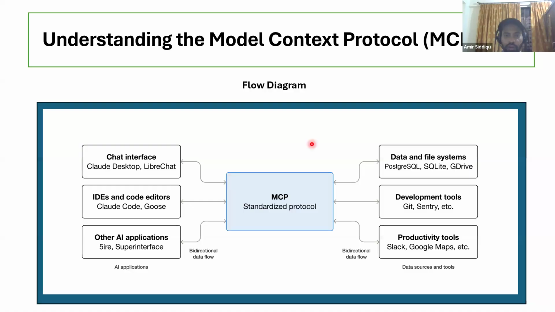This architecture diagram will give you a better understanding. So this is the MCP standardized protocol. Here you will see on the left-hand side, you have all the AI applications. And on the right-hand side, you have data sources and tools.